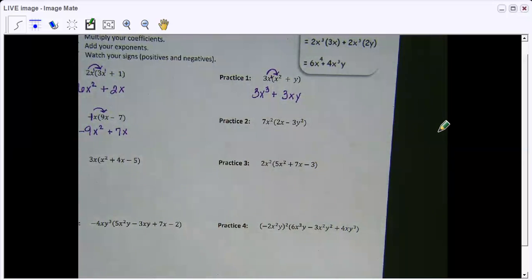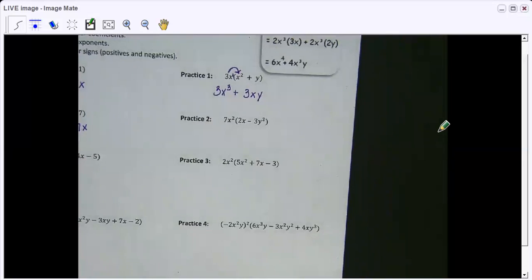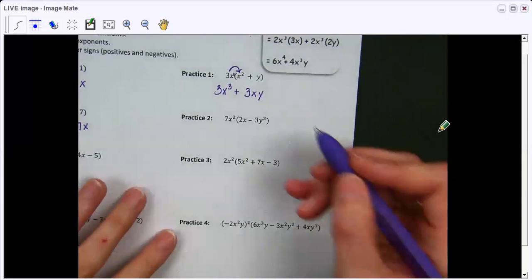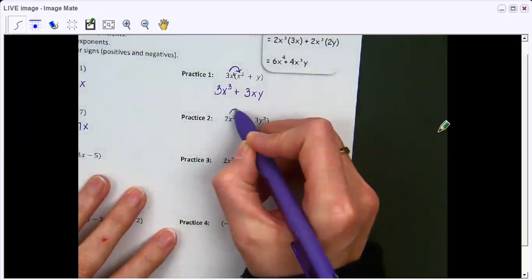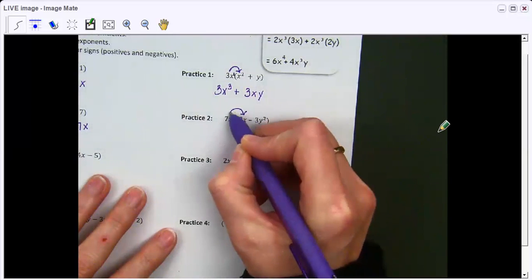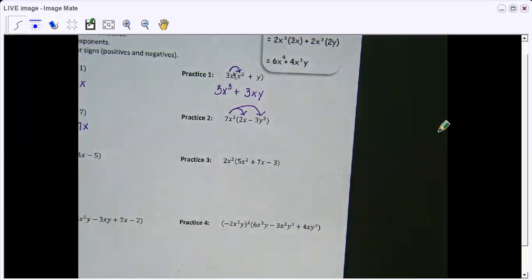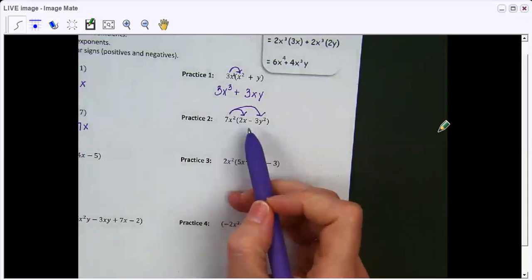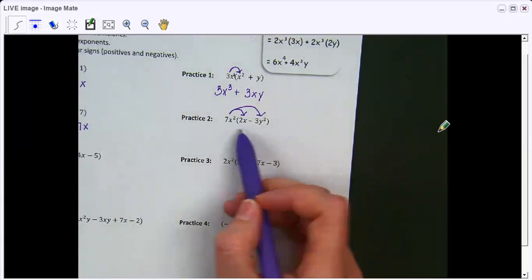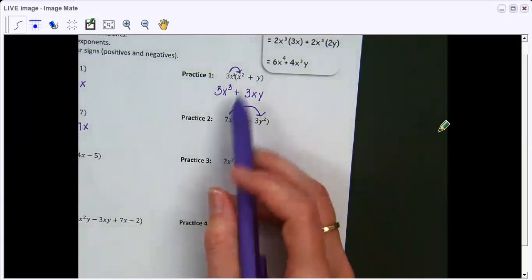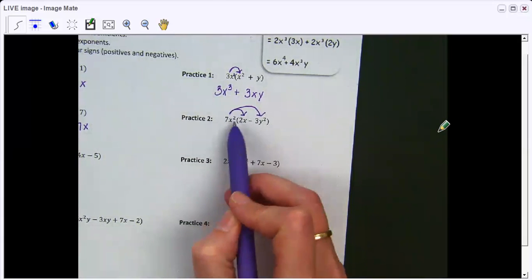Okay, I want you all to try practice 2. Okay, 7x squared times 2x. Eli? What do we get? 9x3? Okay, remember you're multiplying your coefficients. Oh, I mean 14.